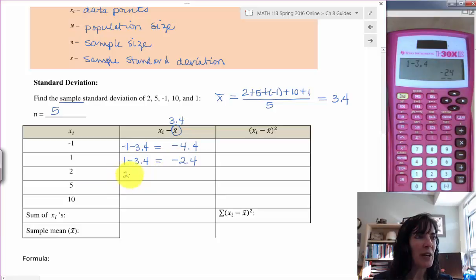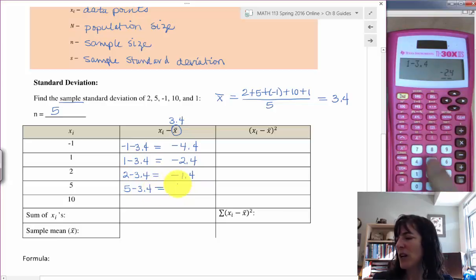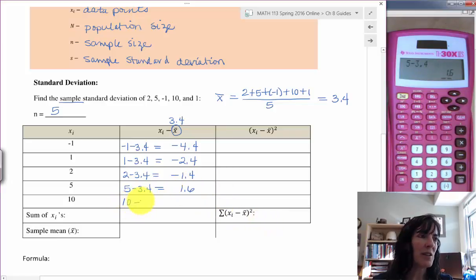And 2 minus 3.4, that should be negative 1.4. 5 minus 3.4, that should be 1.6, I think. Let's try it out. 5 minus 3.4, 1.6. And then 10 minus 3.4, I think should be 6.6.